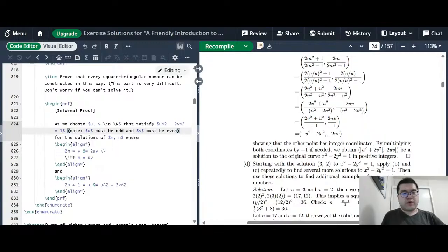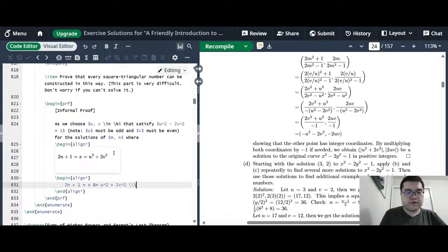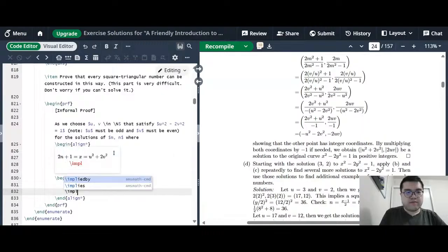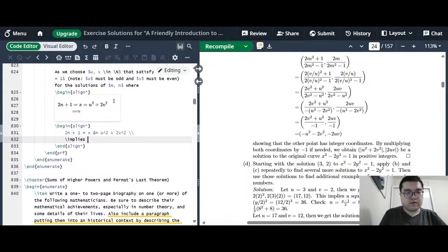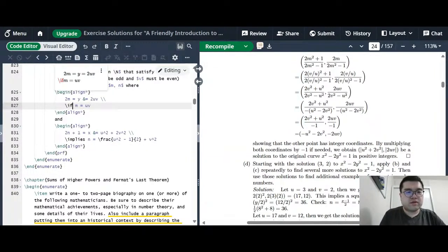Anyway, this guarantees that for the n part, it implies that n is going to be equal to the fraction u squared minus 1, all divided by 2, and then plus v squared.